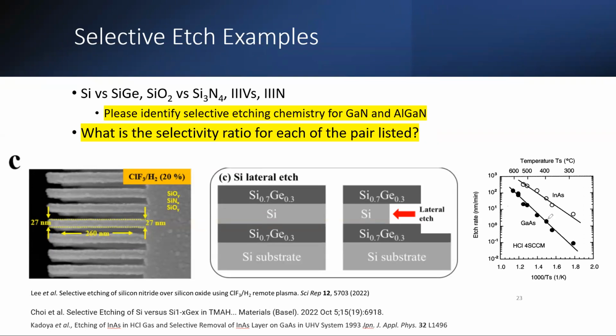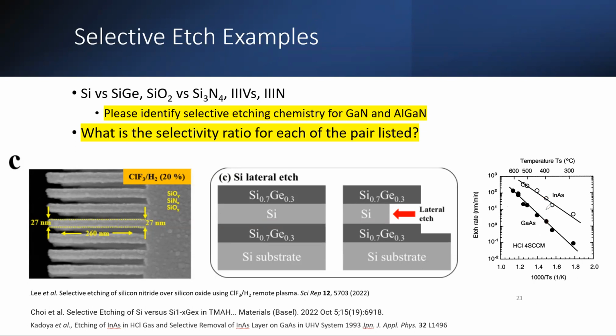And for the InGaAs, HCl can do that, right? At some temperature, right? Here, for example, the selectivity for InGaAs versus gallium arsenide at 400 degrees Celsius, wow, it's two orders of magnitude difference.